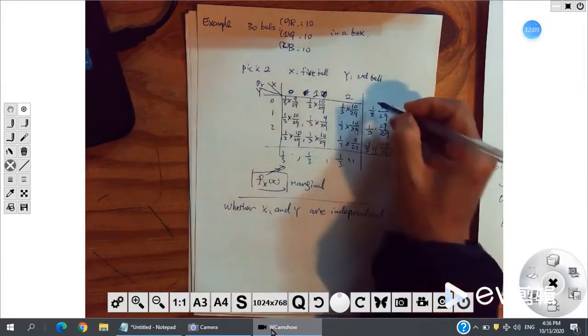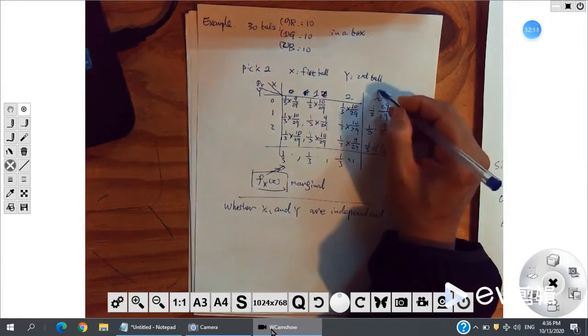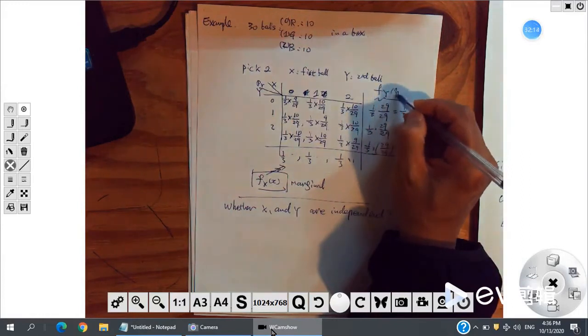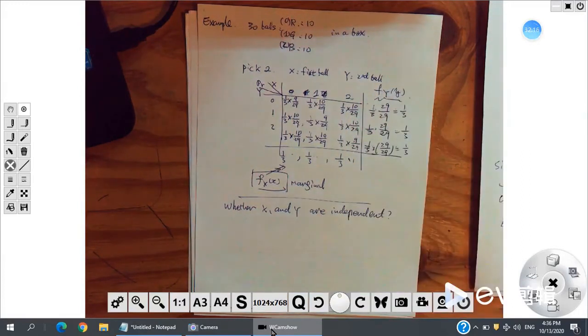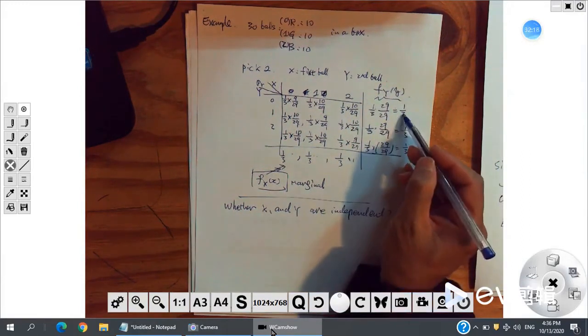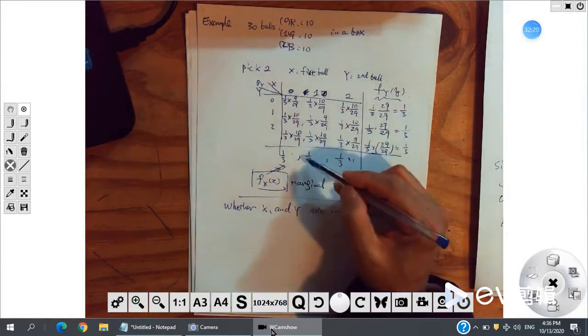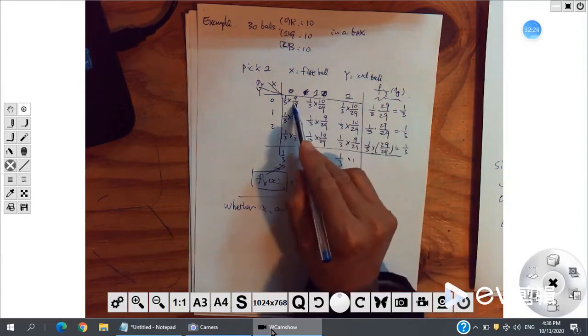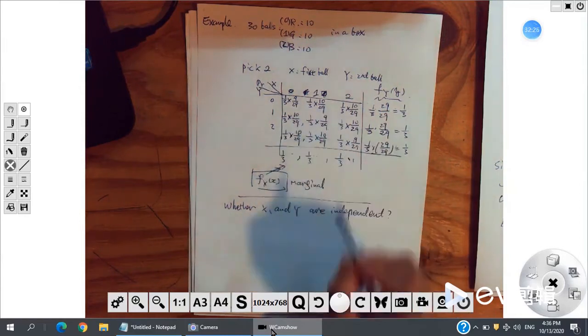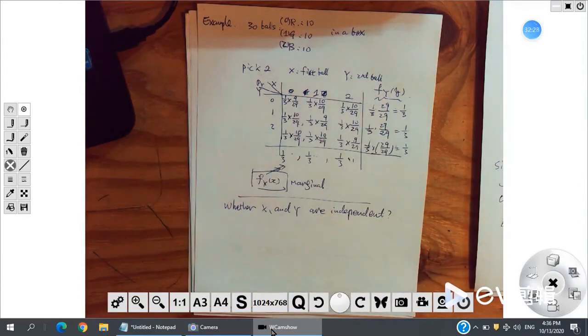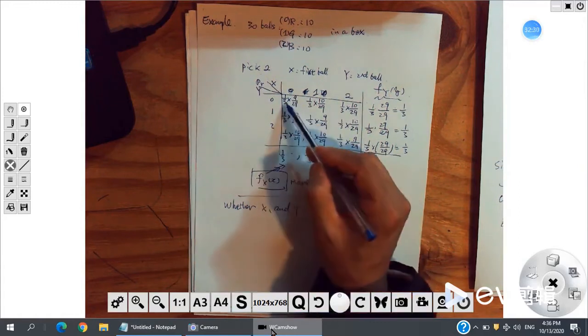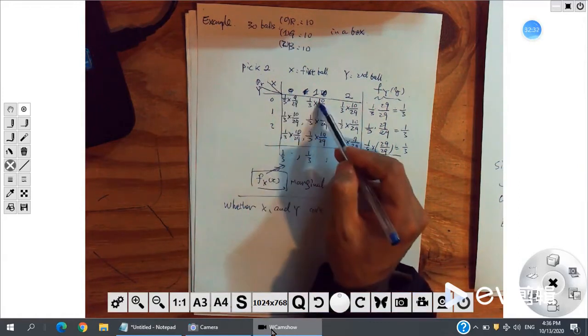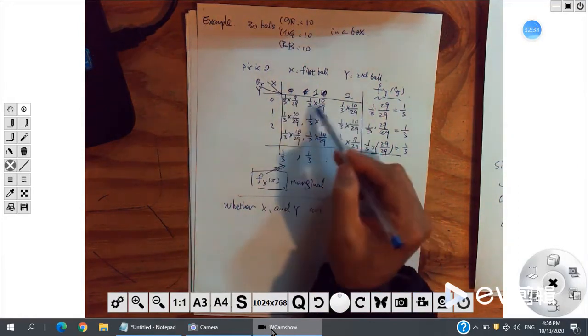This column will be the marginal of Y. Then any two you multiply together will give 1/9, right? But here, none of them is 1/9. Is this 1/9? No. Is this 1/9? No. None of them are 1/9.